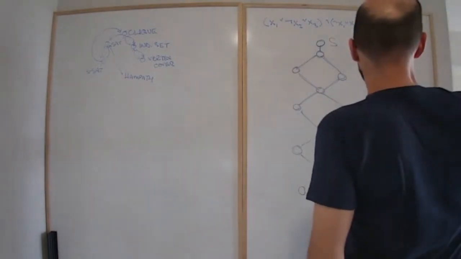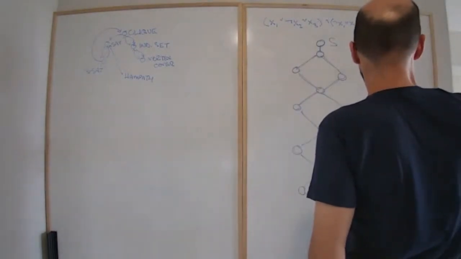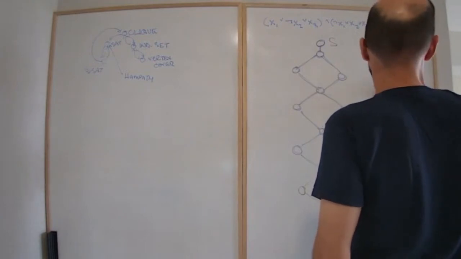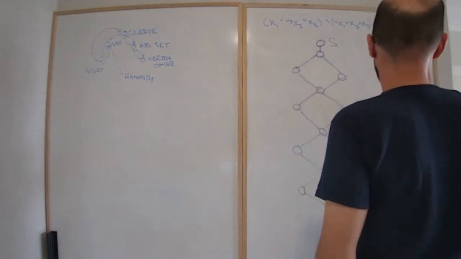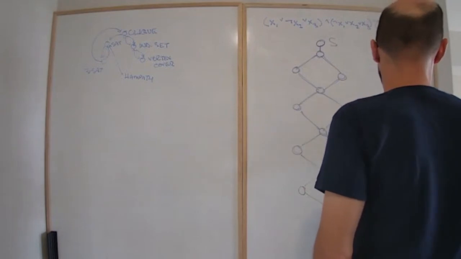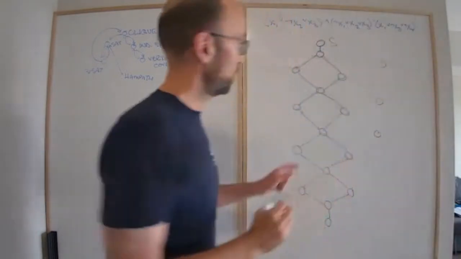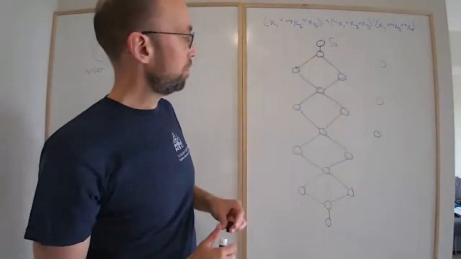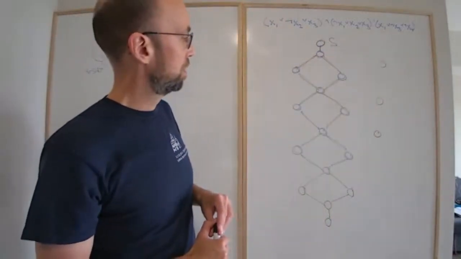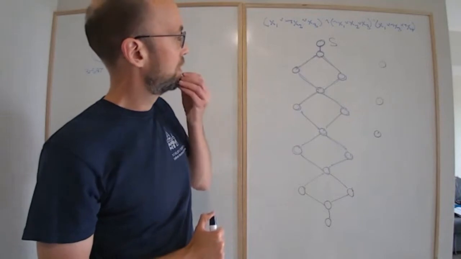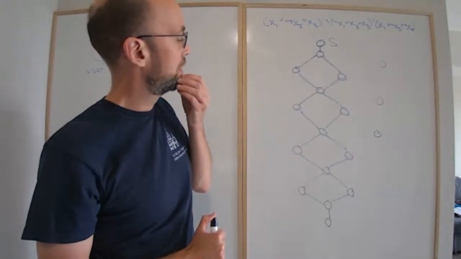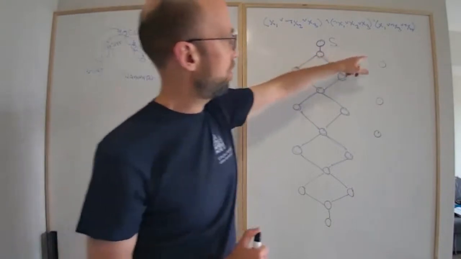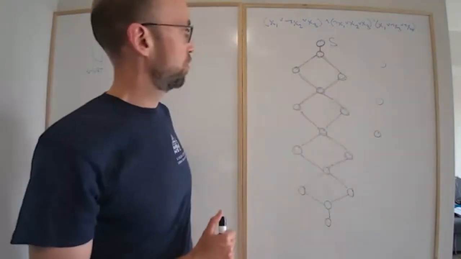And then over here, for every clause, I'm going to make this nice and big. For each clause, I'm going to have a vertex over here.